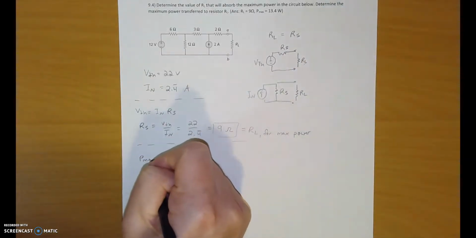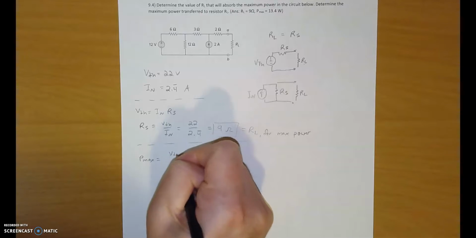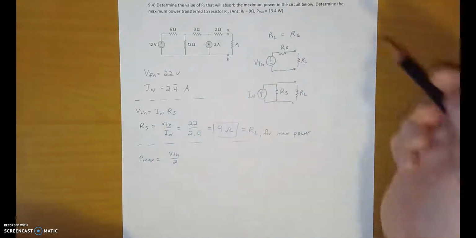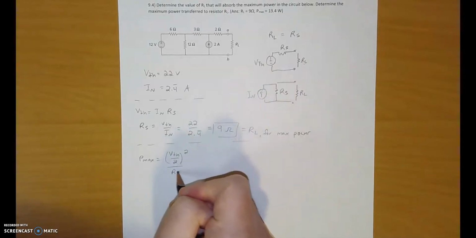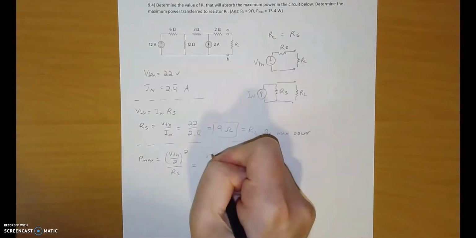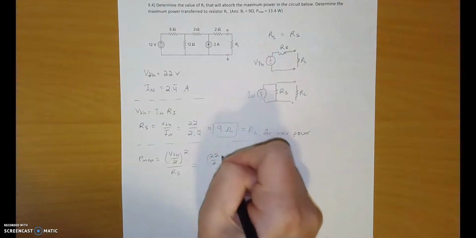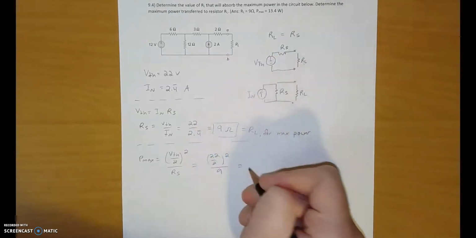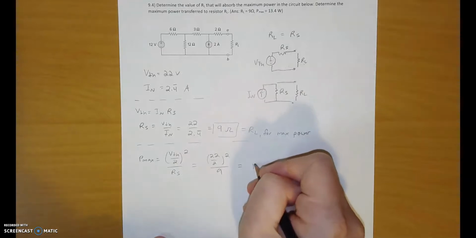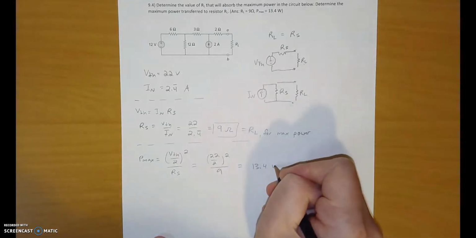So power max will be V Thevenin, I want half of it because only half of it is going to go through my load resistor. So this is V squared over R. So we'll get 22 over 2 squared divided by that 9. And you should get 13.4 watts.